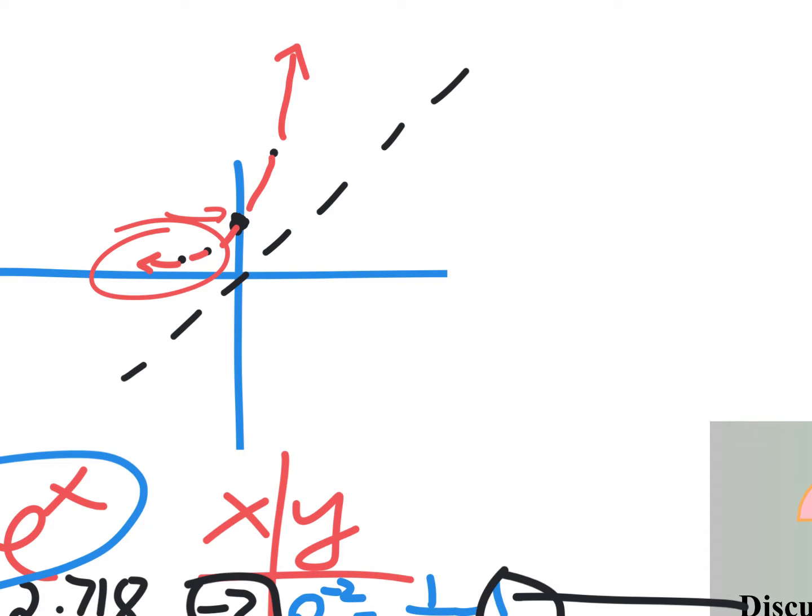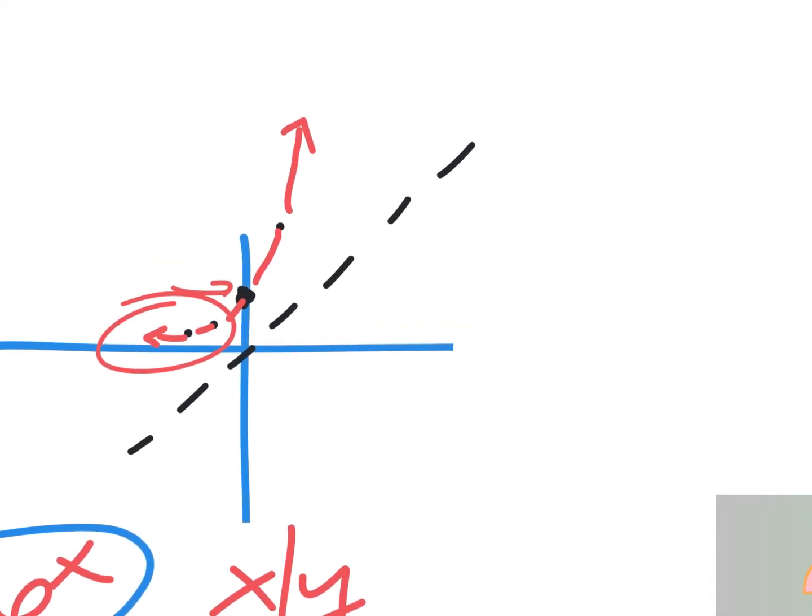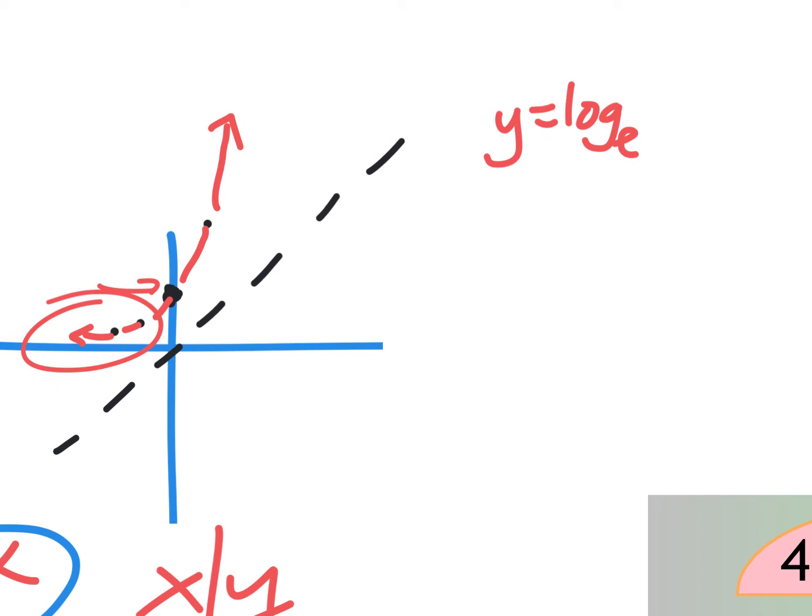So, when I ask you on the last top 10 graph to graph y equals ln, that's the same as log base e. Log natural means log base e of x. That looks like this. We've already had a test question on taking a graph, reflecting it across that line, the line y equals x.